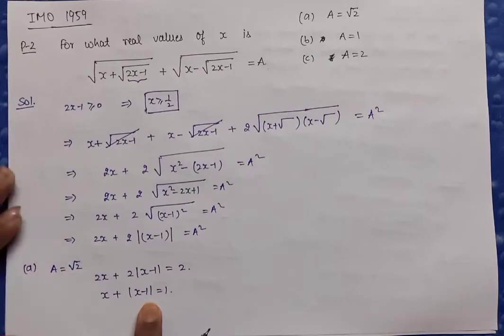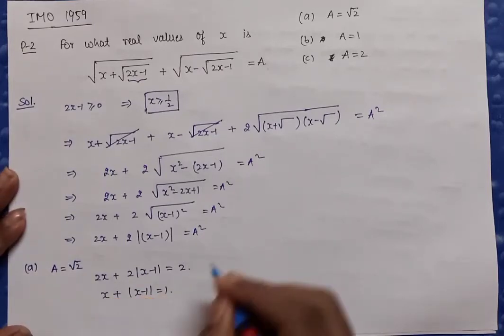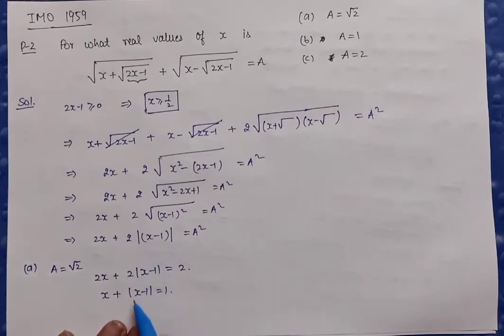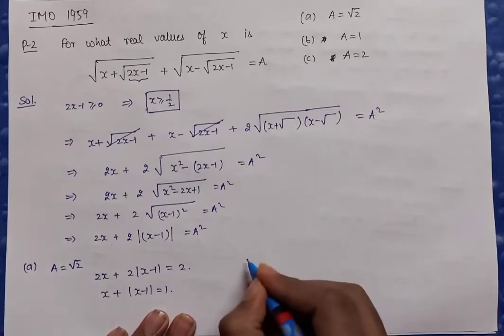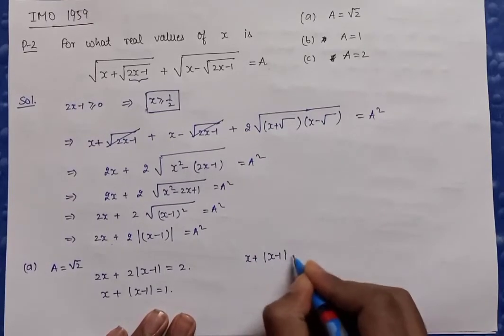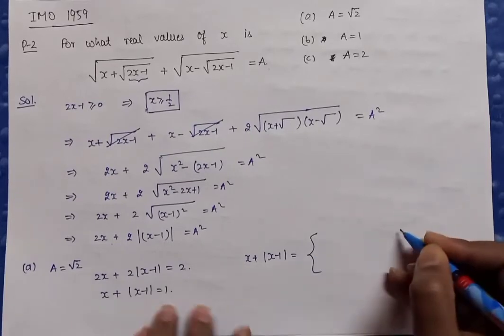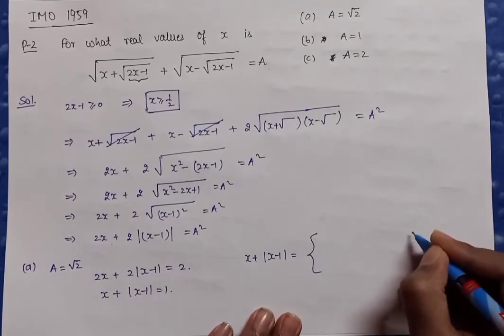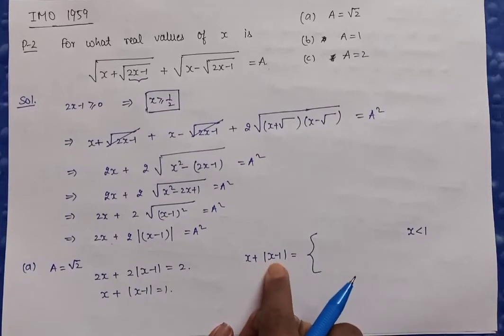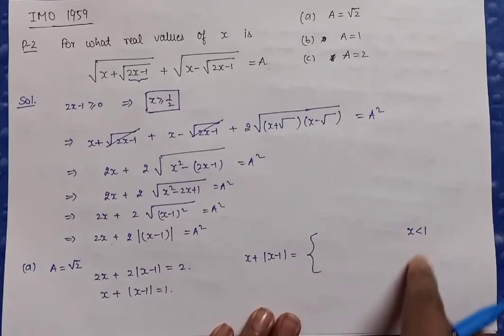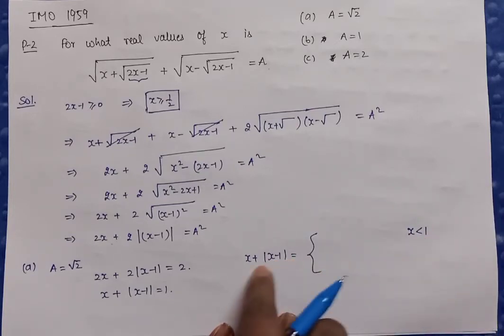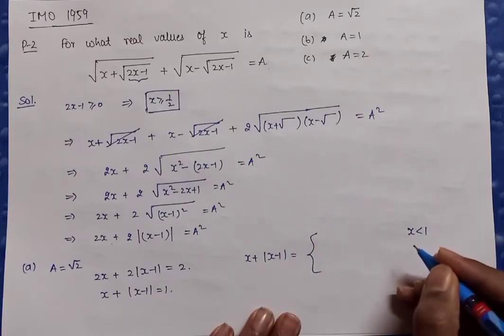Now you can see that we can split x plus mod of x minus 1 into cases. If I write x plus mod of x minus 1 as a piecewise function, modulus is the thing forcing us to write it that way, so we split at the critical points where the modulus becomes problematic.